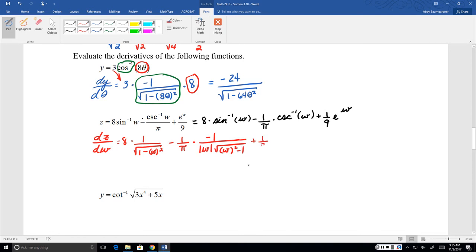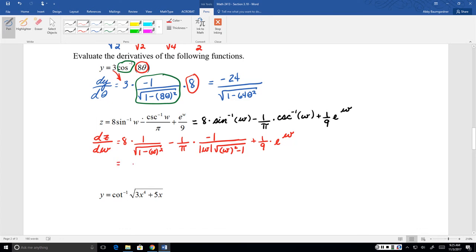The 1/9 tags along. The derivative of e to the w is e to the w. You come back and multiply by the derivative of the exponent and ln of the base, but those are both 1s, so I'm not even going to write them down. And then clean this up.